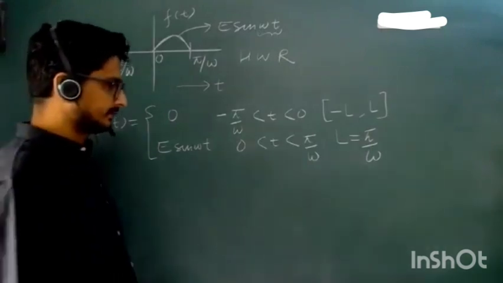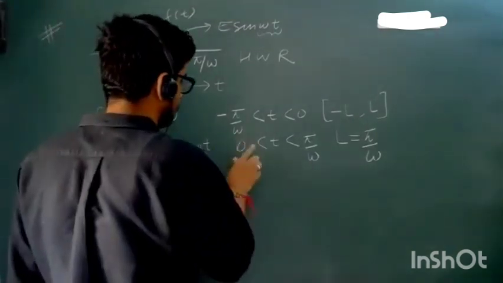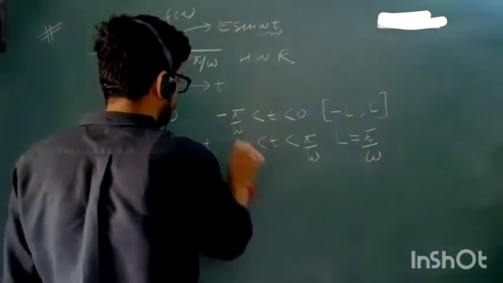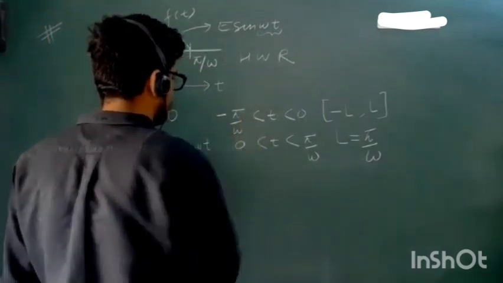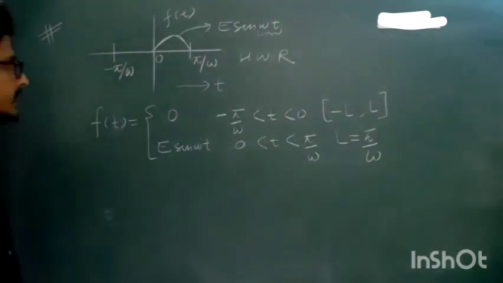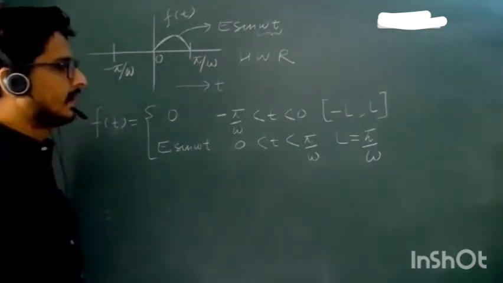So if this much is clear, then what to do? If this much is clear, then let us write the Fourier series. This is even or odd?